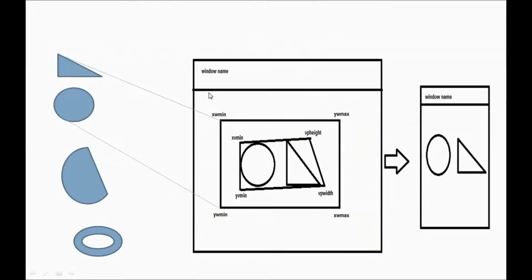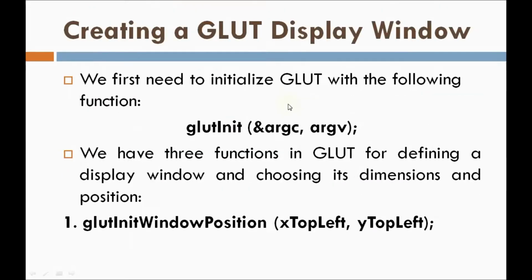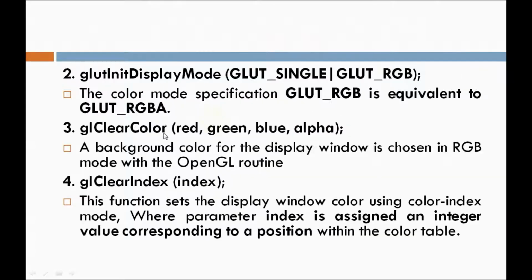If you want red color for the background window, the command will be like this, 100 and alpha. Alpha specifies transparency, which I will explain in the coming videos. If you want a green background color for the display window, 010, like that. So you can specify the background color for the display window using GL clear color.